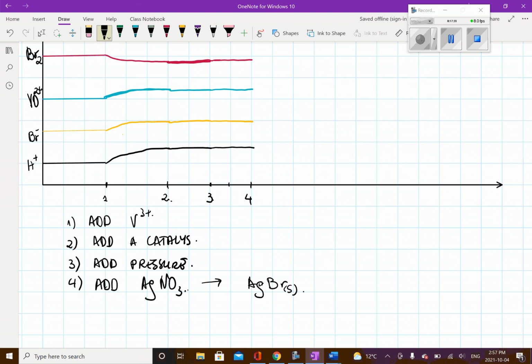So what we notice immediately is the bromide is used up, and then it is reaching the equilibrium. And if bromide is used up, what is happening is that hydrogen is increased a bit, and then vanadium, sorry, it's decreased.